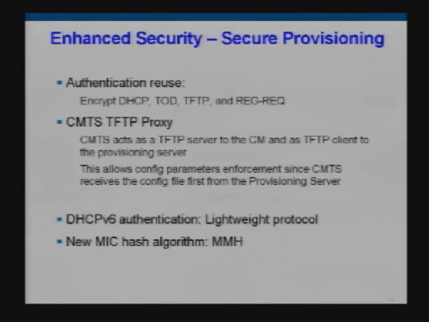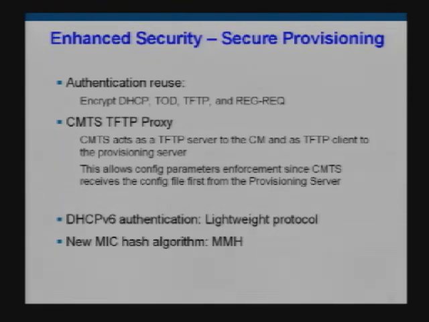And the other additional enhancements as far as security is concerned, the CMTS acts as a proxy for TFTP for the DOCSIS file download phase during the initialization. DOCSIS file download is the phase during which it receives the configuration parameters which are defined in the backend provisioning server.